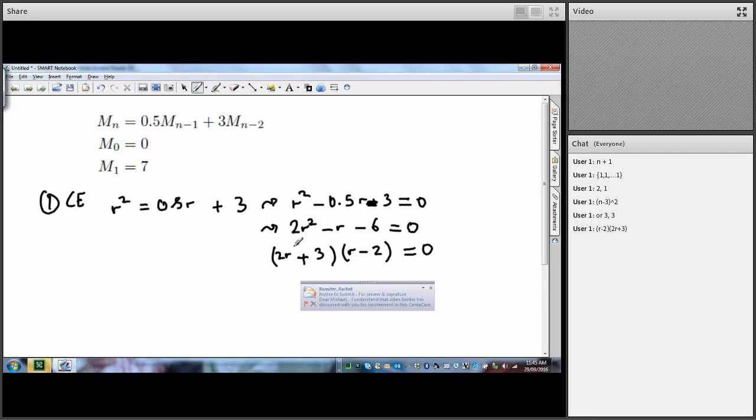To do that, I find it easier to see things if I get rid of fractions. So I'm going to multiply everything by 2. So I've got 2r squared minus r minus 6 is 0. And once I have that, I can give a good stab at trying to factorize it.